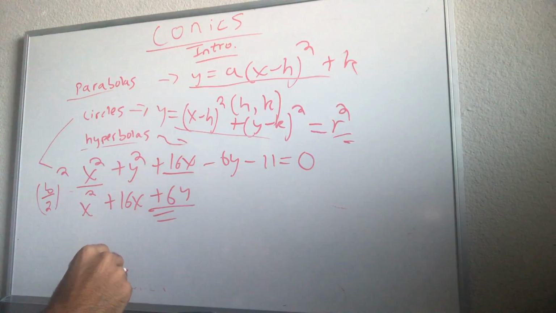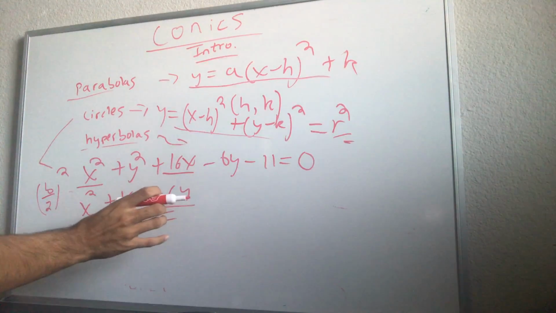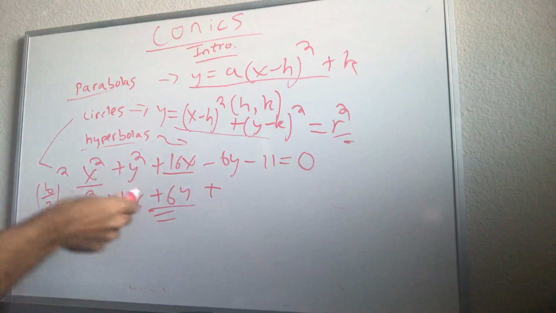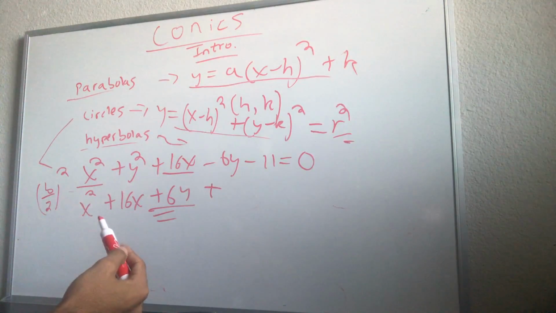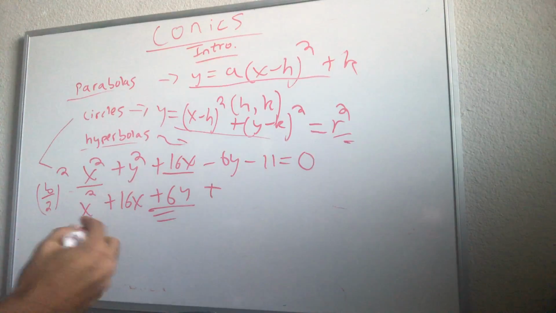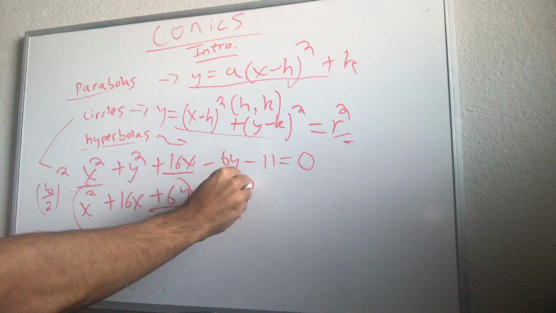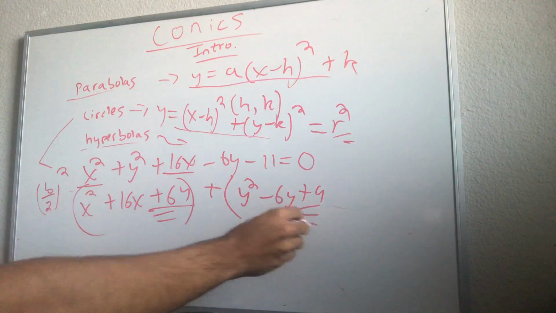And with the y squares, we can also complete the square, because negative 6 divided by 2 is negative 3, squaring that is 9. So here you have y squared minus 6y plus 9, and this has been added.